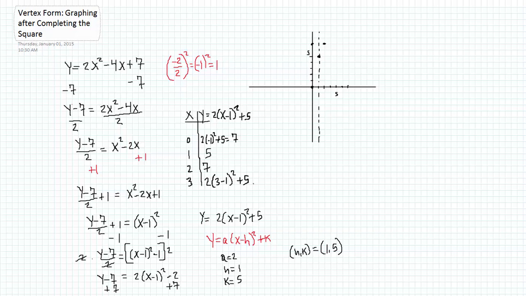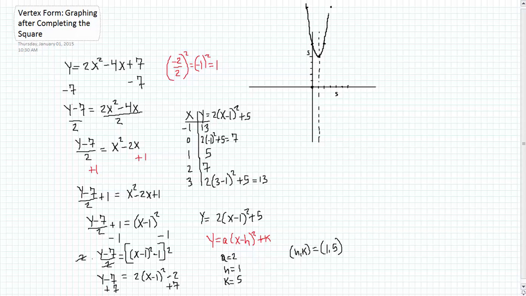Plus 5, that's 13. And then by symmetry, we'll get another free point, (3, 13) over here, and over here we'll also get the point (-1, 13). And we can connect these points to get the graph of our parabola.